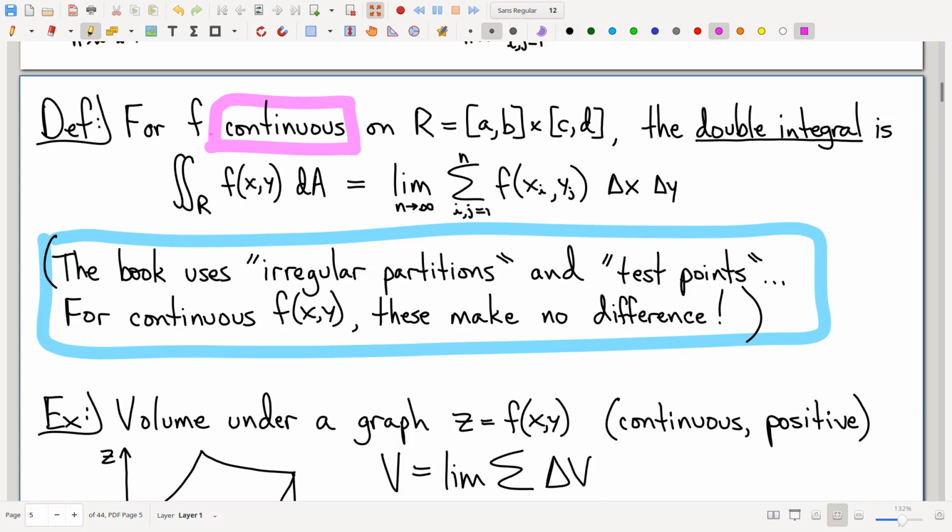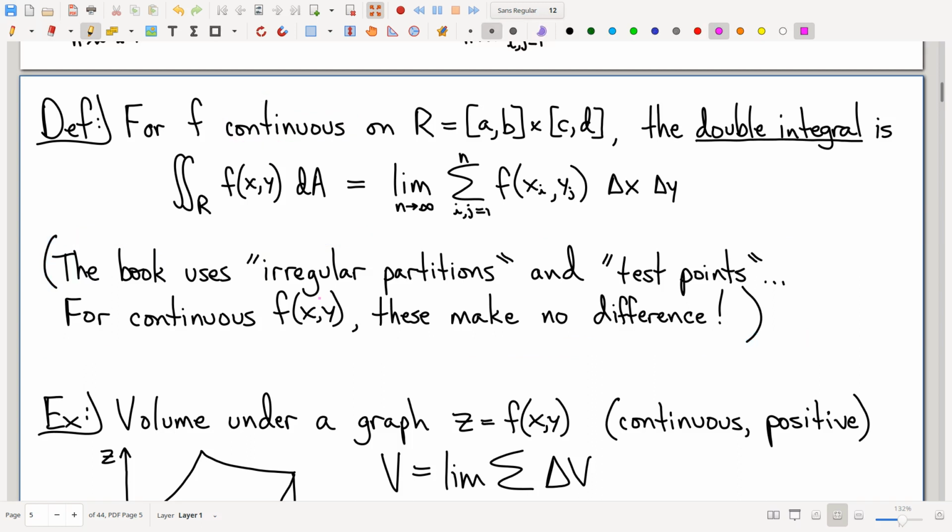How to make sense out of questions for increasingly bad kinds of functions is not what we're here for. There is such a thing; measure theory is kind of a thing, analysis, but it's not really what we're here for.